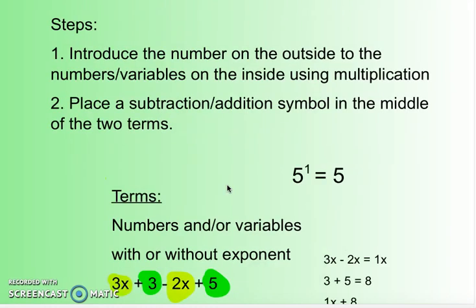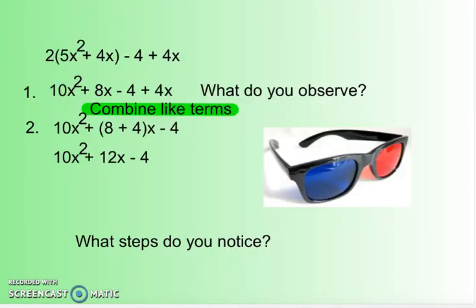Okay, so let's use this knowledge about terms and like terms to look at a problem that has the distributive property in it. Here is our new problem. Notice that there is a number on the outside of the parentheses, and then we have terms inside the parentheses as well as outside of them. What steps do you notice?